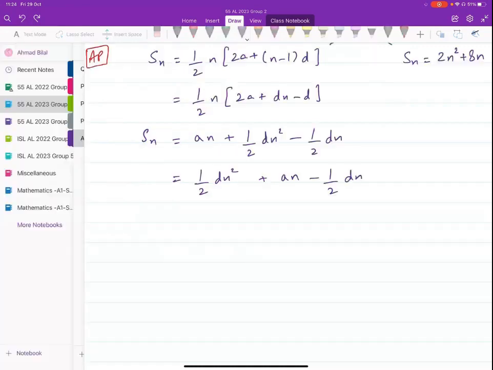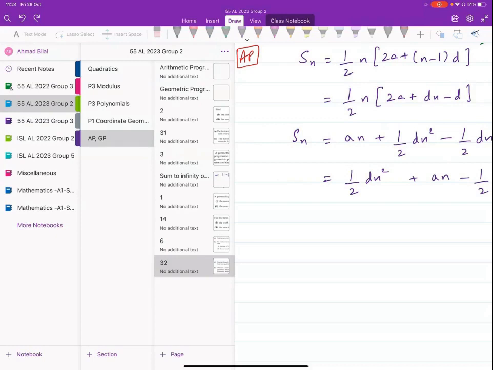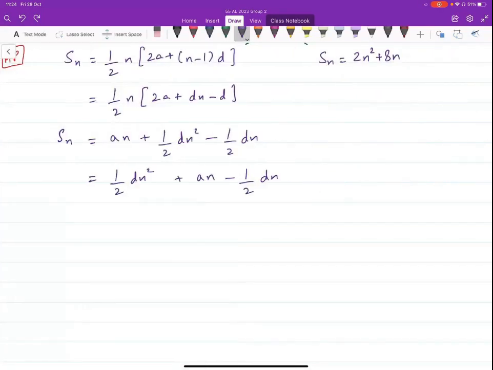So let me just have a look. So we've done, we've not done binomial. Okay, let's go. What we can do here is we can take n common. We can take n common. And it looks like this, half dn square plus a minus half d into n.